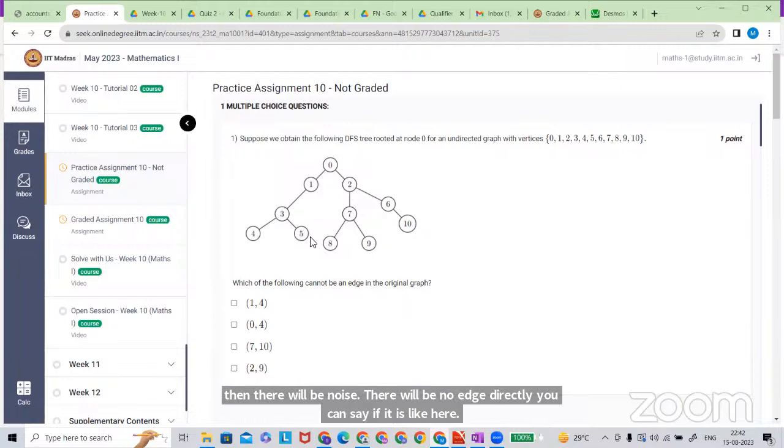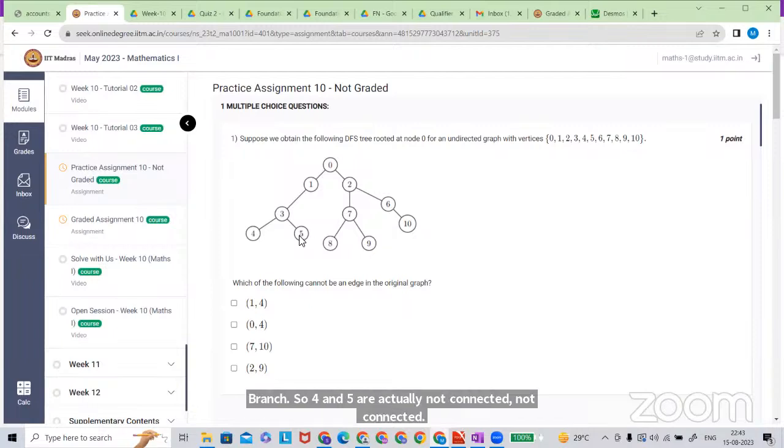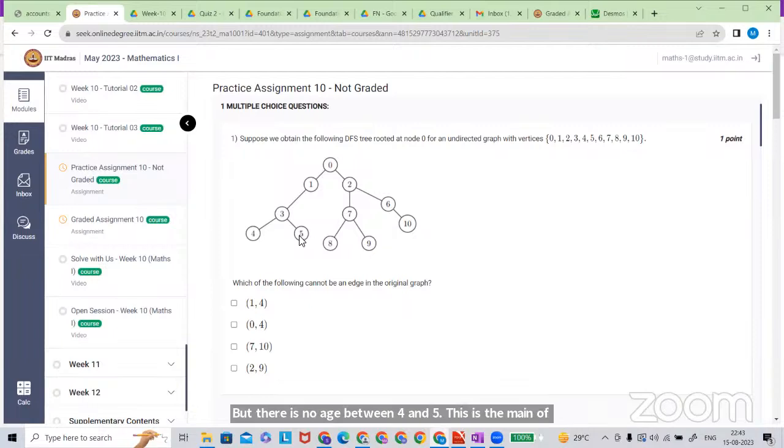Like if you think of 3 and 4, they are lying in different branches. So 4 and 5 are not connected. There is no edge between 4 and 5. This is the meaning for DFS. The branch concept is for DFS, and the level concept is for BFS, for edges.